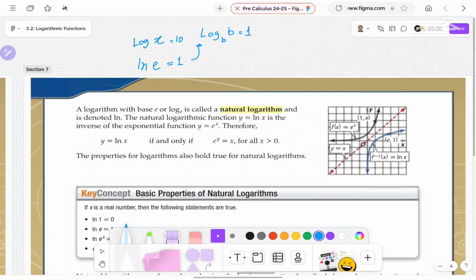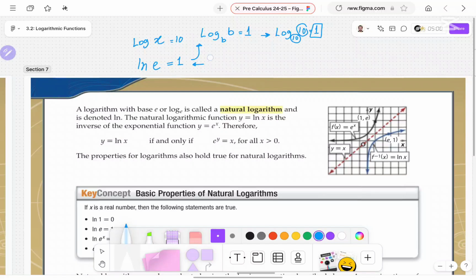So the same idea. Just a quick example: if I have log base 10 of 10, what is the answer? It is equal to 1. The x and the base are the same, so of course the answer will be 1. Here the same idea for ln e.